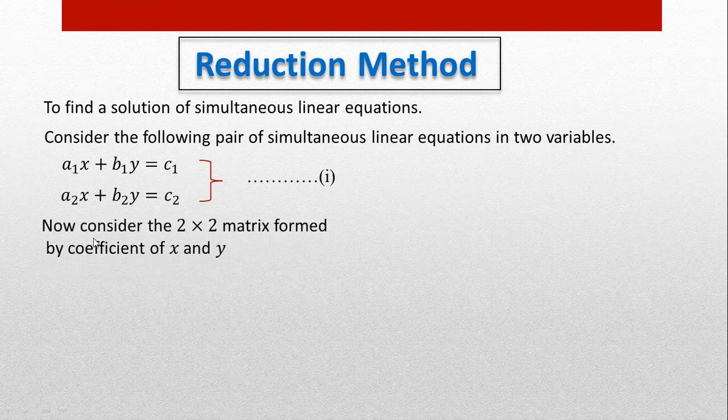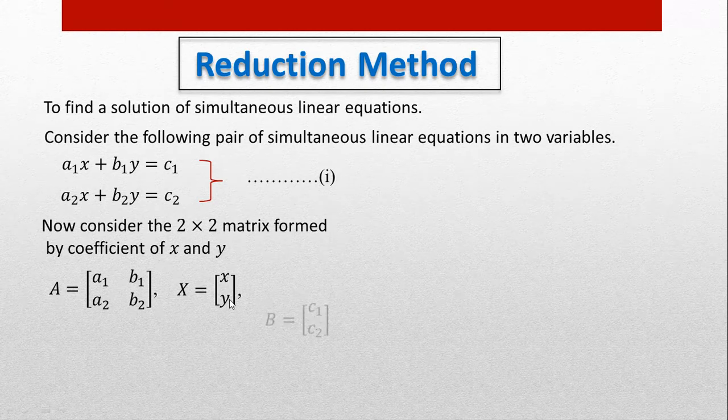Now we will consider the 2 by 2 matrix formed by the coefficients of x and y. So make the 2 by 2 matrix of the coefficients of x and y in the given equations. This is A: a1, b1, a2, b2. Then the matrix X, that is the column matrix of the variables x, y, and the matrix B, which is of constants on the right hand side, c1, c2.